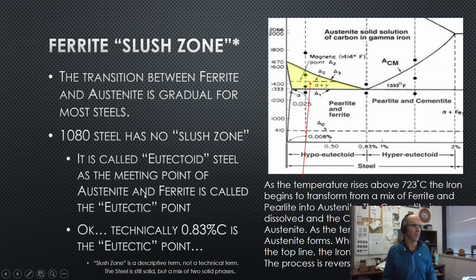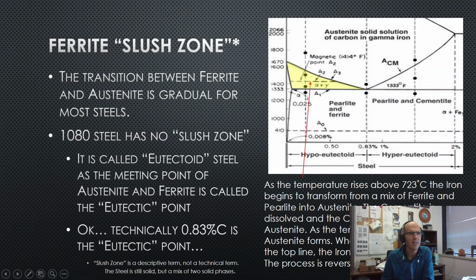Right. So here's our ferrite slush zone right in here. So I was saying that, as you heat your steel, down here you're starting out with a fairly low carbon steel. It is a mix of ferrite with cementite, but mostly what you'll have is large crystals of ferrite because it's a low carbon steel, and then you'll have some little layers of pearlite, which is the mix of ferrite and cementite that is where most of the carbon is stored at low temperatures.